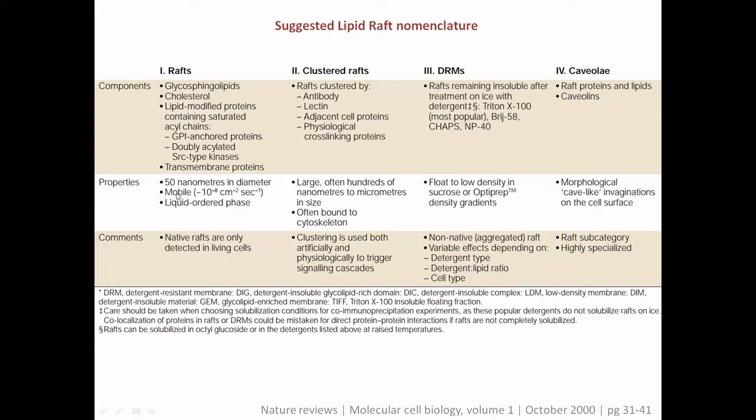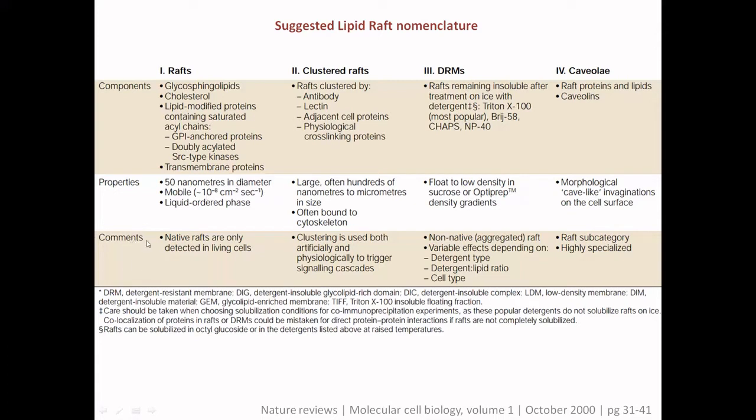These are mobile and these are found in the liquid order phase. While the clustered rafts are very large, often hundreds of nanometers to micrometer in size and attached to the cytoskeleton. DRM float to low density in sucrose or OptiPrep density gradient. Caveoli are morphologically cave-like invaginations on the cell surface.